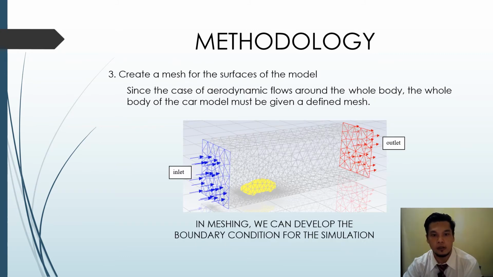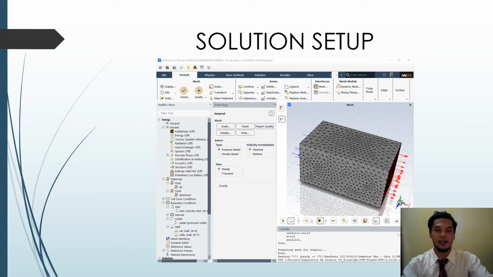After we import the car model into the workbench of ANSYS Fluent, we must give a defined mesh to the whole body of the car model because the aerodynamic flows around the whole body. When the meshing of a model is done, we proceed with the next step, which is the solution setup.